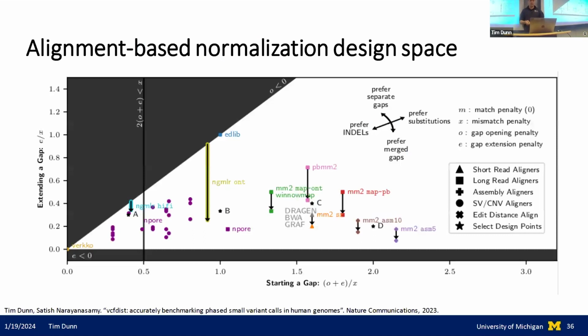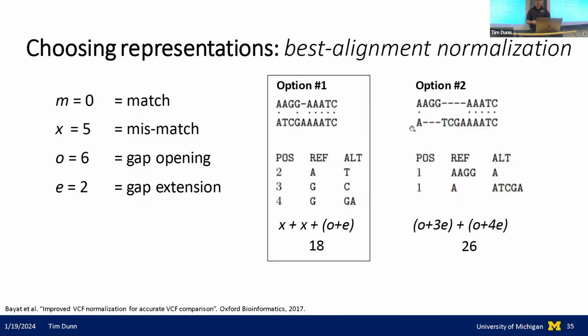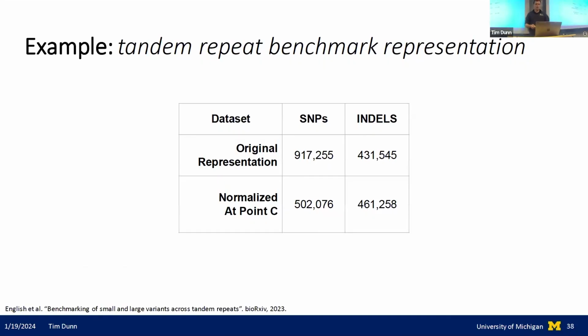If you go back to this slide, I believe it was somewhere up here, and it very heavily preferred substitutions. Once we normalized it to point C, which is much more typical of short and long read aligners, we found that the number of SNPs almost halved, and that there are significantly more indels now.